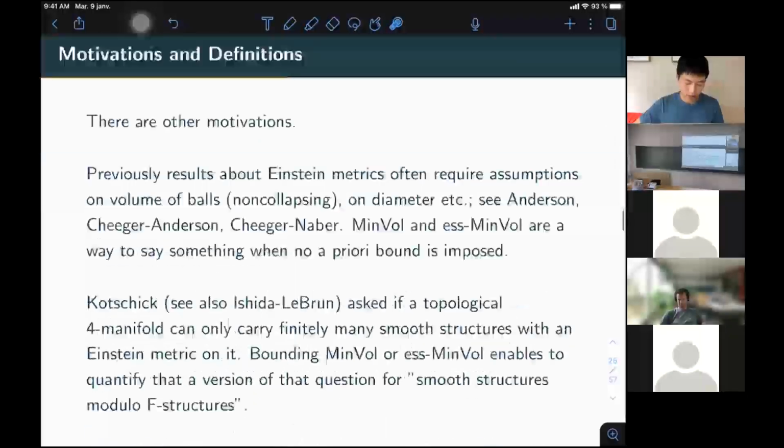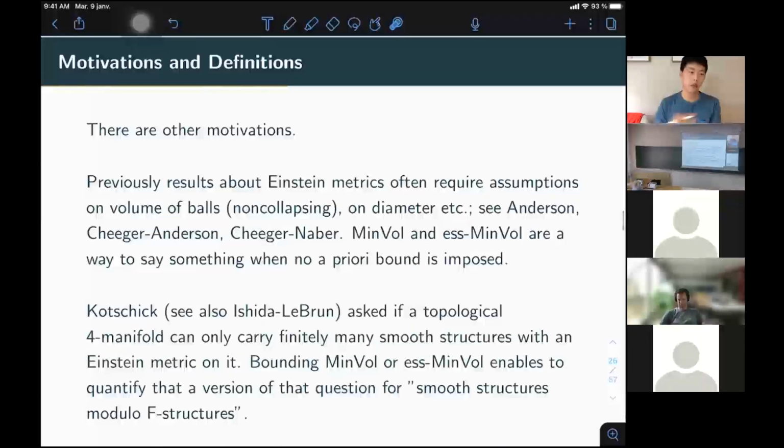And what I want to say is that because of this very close relationship between the volume, when the sectional curvature is bounded, and the smooth structure, in some sense, if you can bound the minimal volume, that enables you to quantify a version of this question of Kotschick for, say, smooth structures modulo F-structures. So instead of looking at smooth structures, you don't care about pieces that carry an F-structure or say an N-structure.